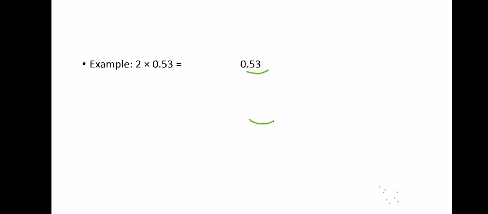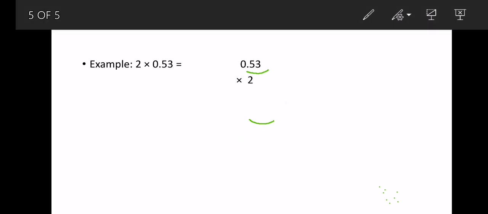Now we have another example, but in this example I will use regular multiplication by aligning, without using the properties. Here, 2 multiplied by 0.53. I will align the numbers, so it will be 0.53 multiplied by 2.